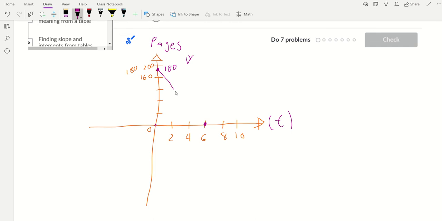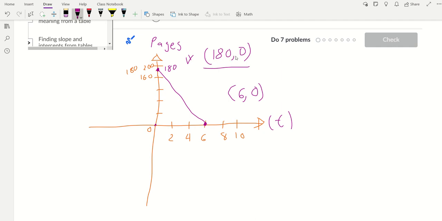And then you just have this line from here to here. So basically you have 6 hours and 0 pages, and you have 180 pages and 0 hours.